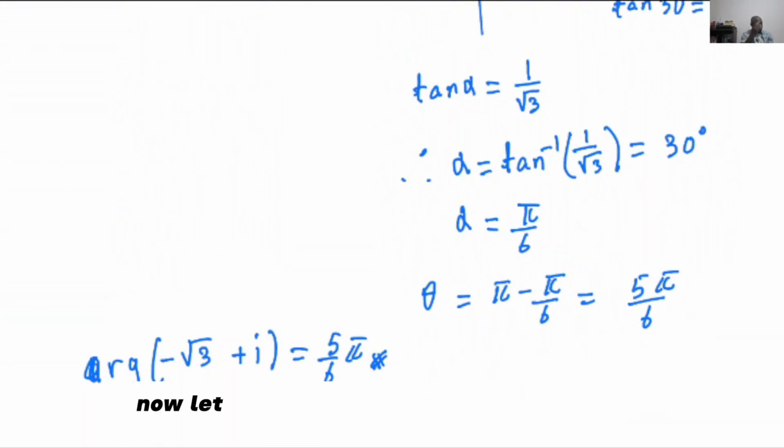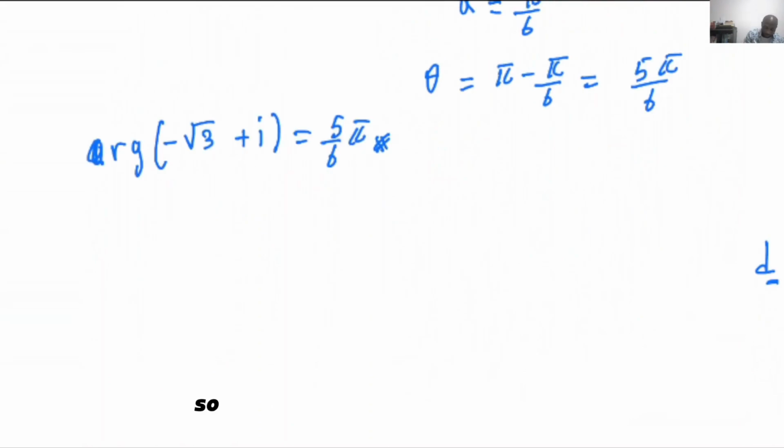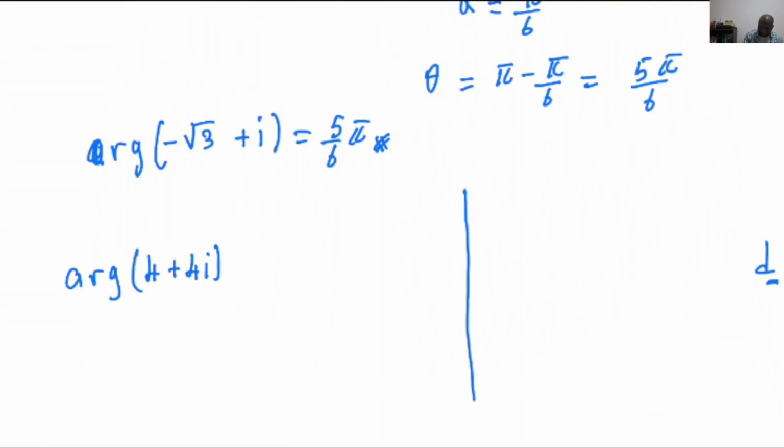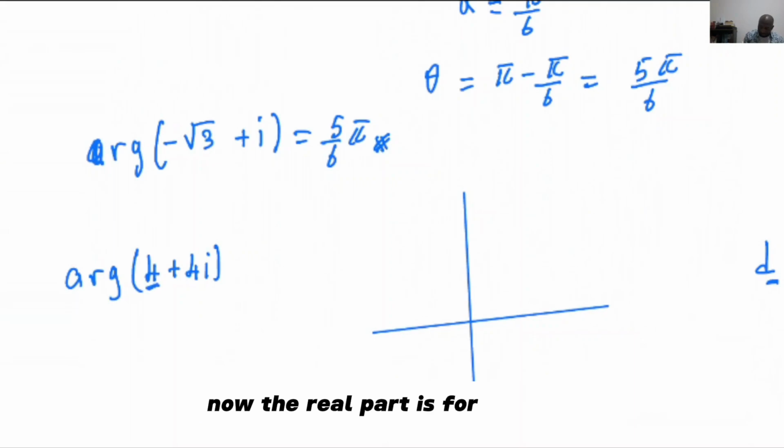Now let us find the principal argument of 4 plus 4i. To do so, we have to draw our Argand diagram again. So x, y-axis. Now the real part is 4, so this is on our positive x-axis.